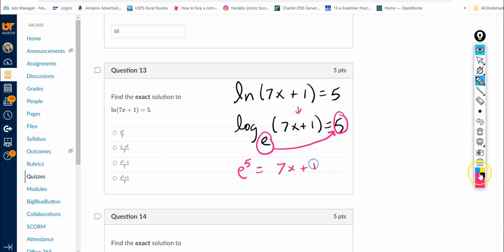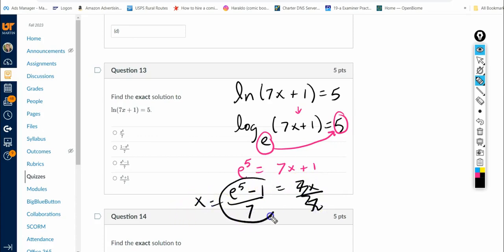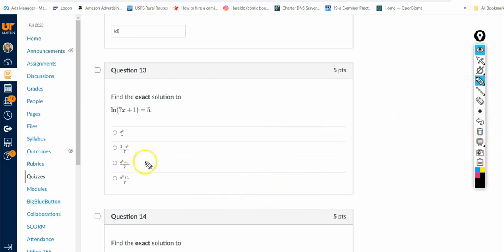Now, we need to solve for x. So I'm going to subtract 1 from both sides. And to solve for x now, I need to divide both sides by 7. So that's my exact solution. So I need e to the 5 minus 1 over 7. And so it's going to be that one.